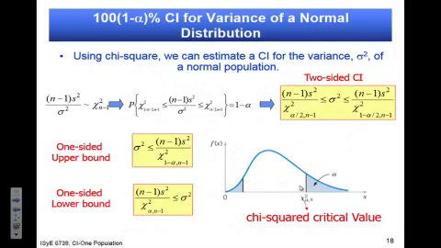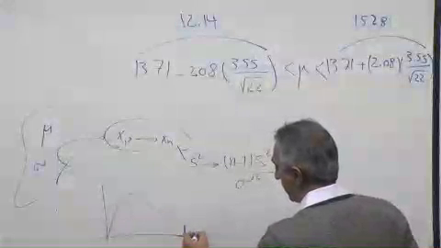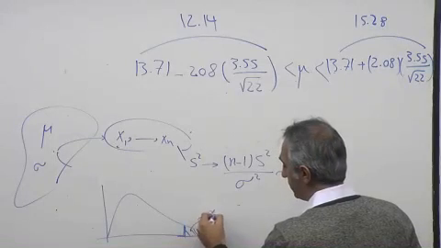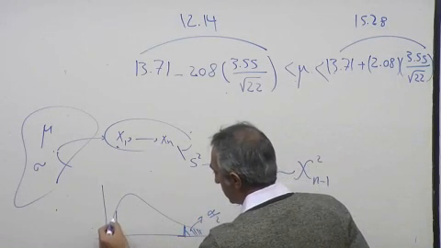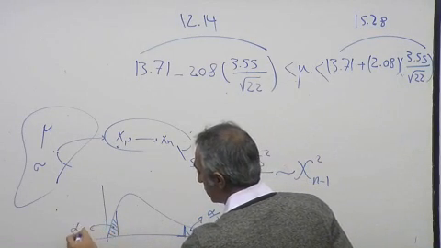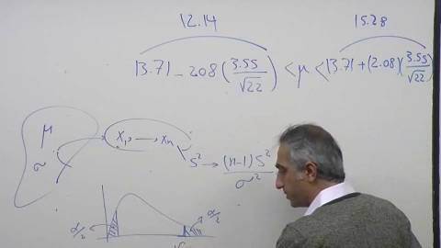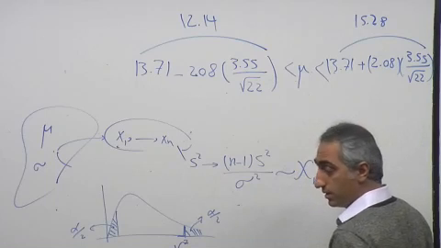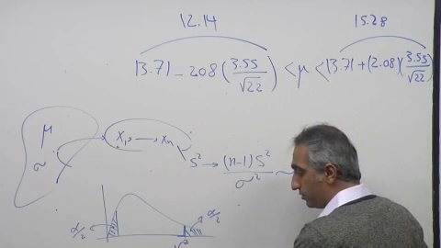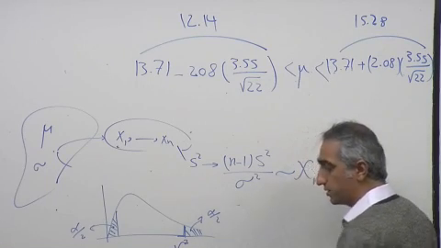I think I have, yes, the chi-square distribution here, so it's not symmetric. I want to have alpha over 2 here and alpha over 2 here. So what is this guy? It is chi-squared alpha over 2 with n minus 1 degrees of freedom.